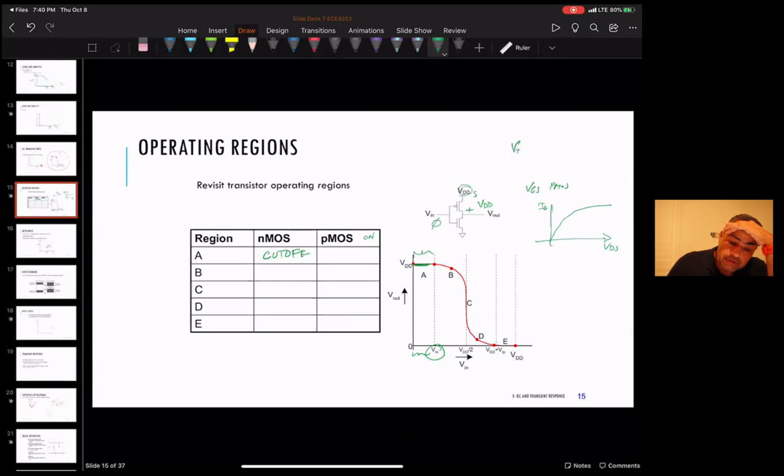Looking at VDS versus VGS minus VT, the drain source voltage is very low because both the source and the output are at VDD, and the gate source voltage is relatively high. That means VDS is less than VGS minus VT, and so we put this guy in linear mode. Do you guys see how I got there? Any questions about that?